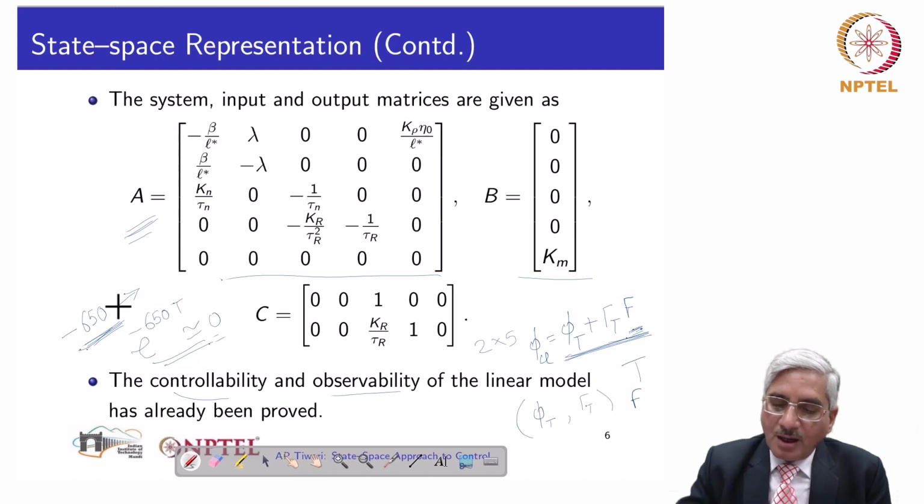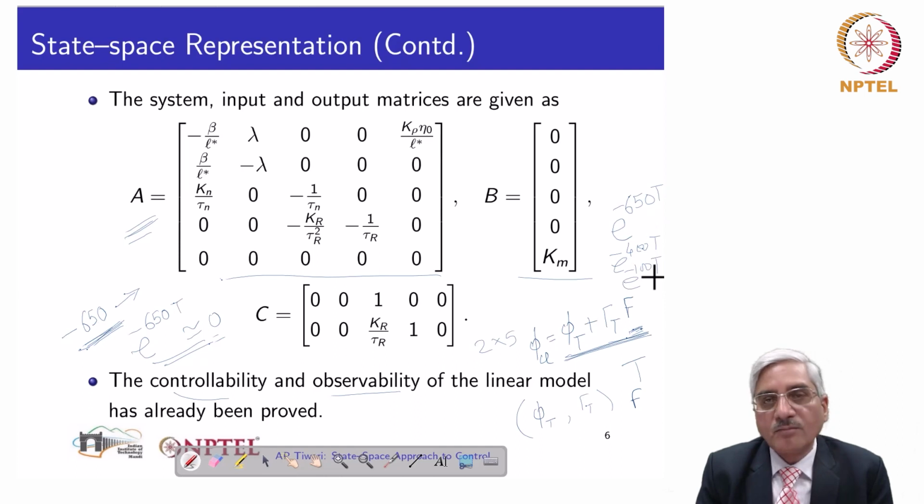But how much difference does one expect? e power minus 650t, e power minus 400t, e power minus 100t. To a good precision they mean different, but if the precision is limited, all these quantities are close to 0 only. We have to keep this in mind.